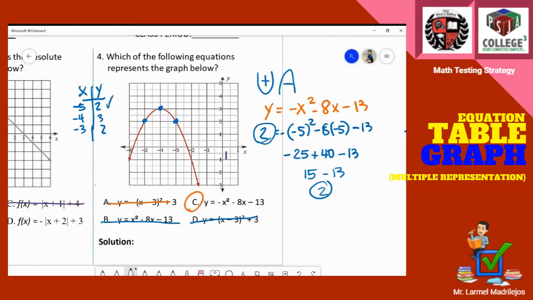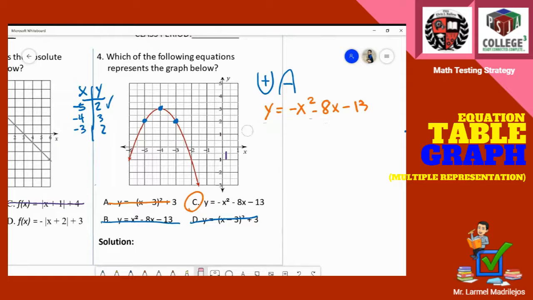Let's do another one just to show you that it works. Okay. When y is 3, which is this, x is negative 4, squared, negative there, minus 8, negative 4, minus 13. Negative 4 times a negative 4 is 16, but there's a negative outside, so negative 16.